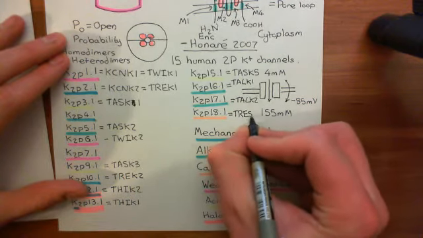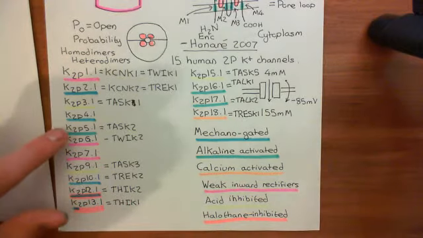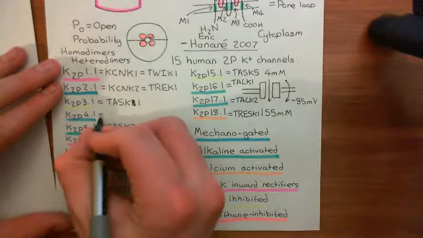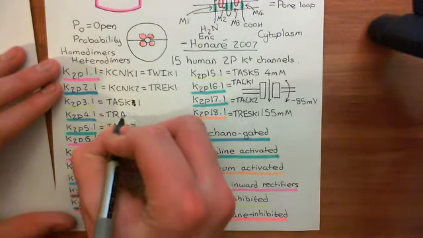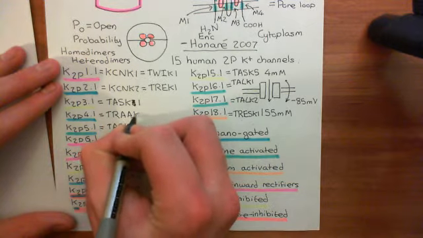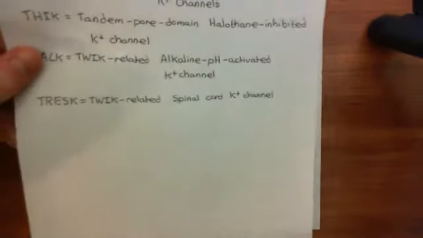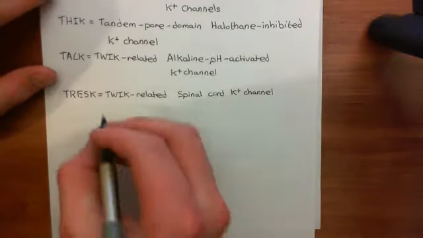Finally we just have to discuss the naming of K2P 4.1. K2P 4.1 is known as TRAAK, with no number after it. TRAAK stands for TWIK-related arachidonic acid stimulated channel.